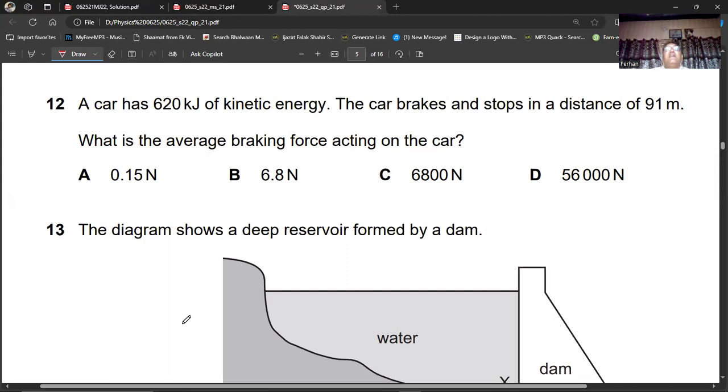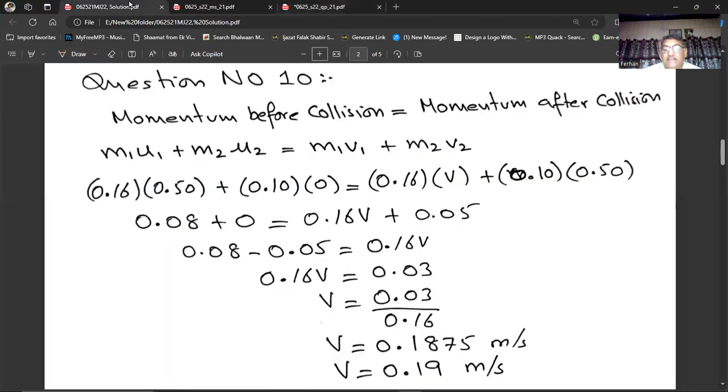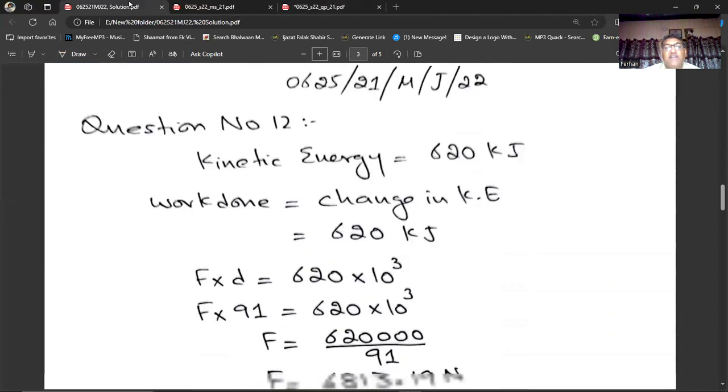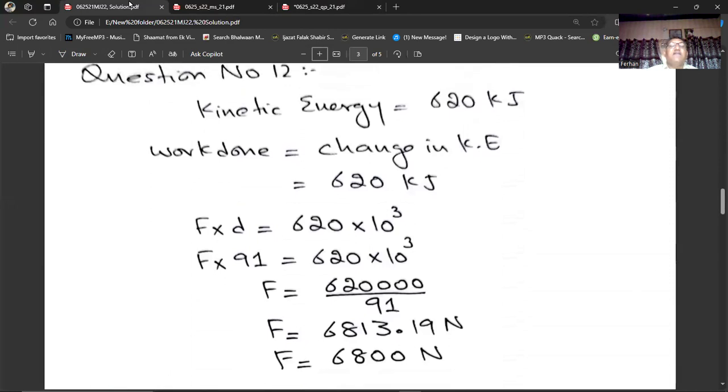When you apply brakes, your kinetic energy, for example, from 620 kilojoules, will go to 0 kilojoules. So the work done is equal to the change in the kinetic energy, and the work done is equal to F multiplied by D. From there, I can find the value of F. The kinetic energy at the start is 620 kilojoules. At the end, the kinetic energy is 0. So the change in the kinetic energy is 620 kilojoules. The distance is 91 meters, and the force is the question. So the work done is equal to 620 times 10 to the power 3.